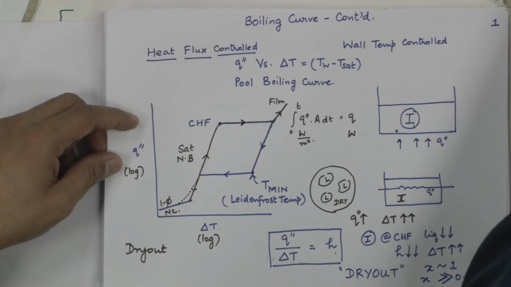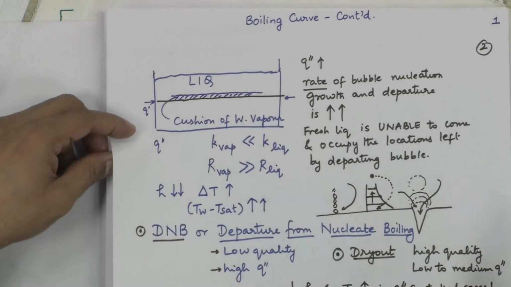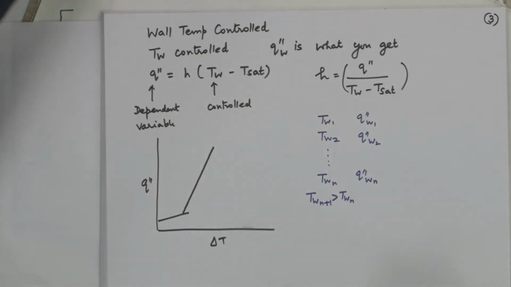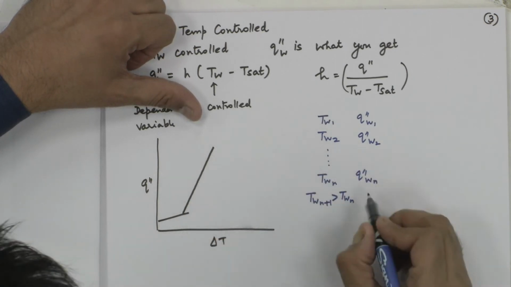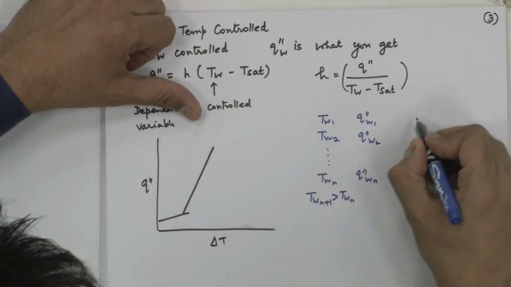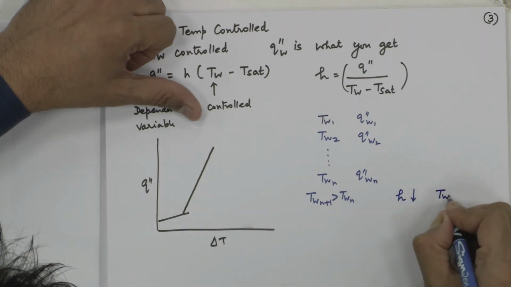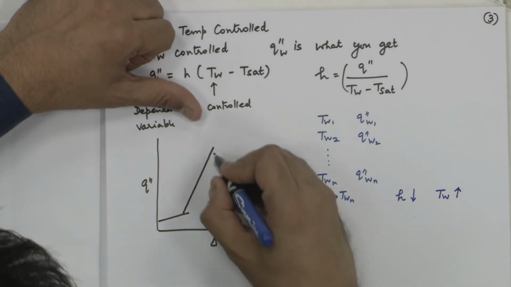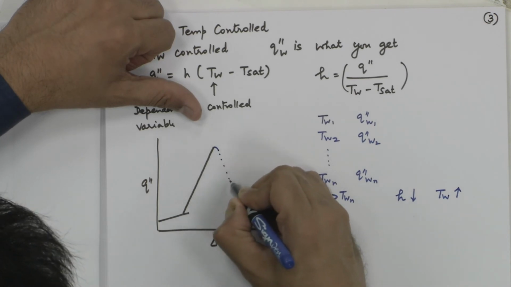Or you would see sudden development of a vapor cushion on the heated surface, because you have got to a temperature where rapid nucleation is happening. Whatever be the case, you would see a heat transfer coefficient drop and a T wall increase. But instead of going this way, the curve would do this.